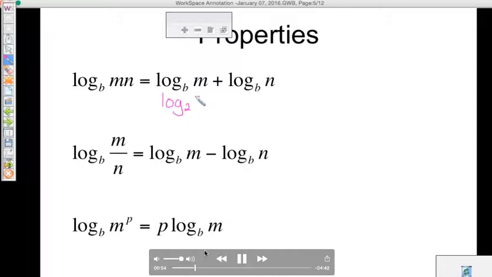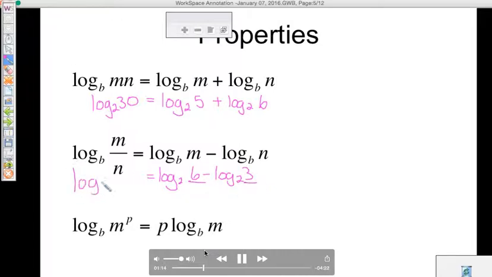If we have 2 logs added together, that equals when we multiply. So we have log base 2 of 30. If there was a division, or excuse me, subtraction, log base 2 of 6, log base 2 of 3, then we can divide those. So this would be log base 2 of 2. And if there's an exponent, we can bring it out in front.